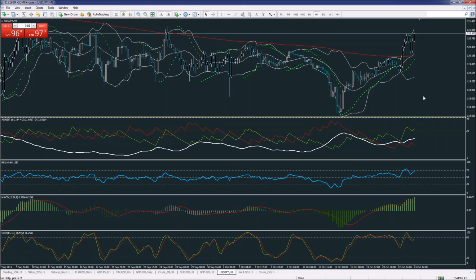Let's take a look at the interest rate for the last time to summarize the most important things, because as we speak, interest rate is the single most important piece of information for any country to influence the currency.